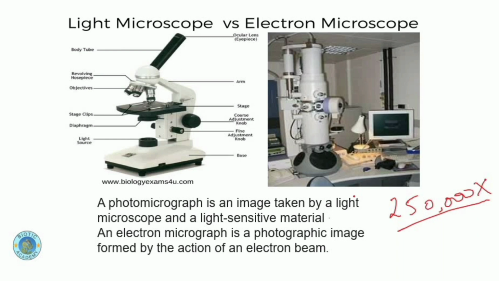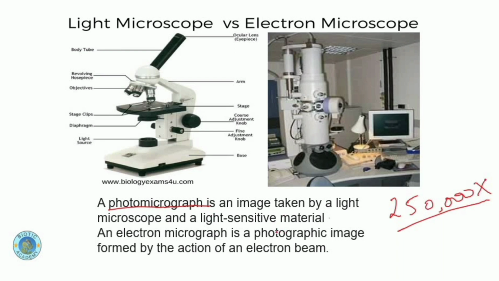While observing these structures, we take photographs of them. If I'm observing a structure under the compound microscope, which is also a light microscope, and taking a photograph with the help of the light microscope, that is called a photomicrograph.